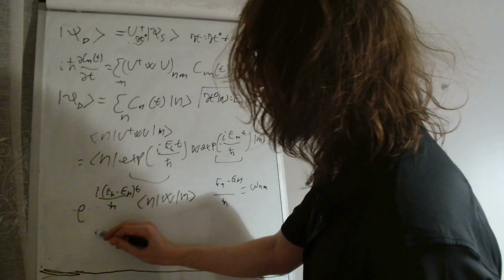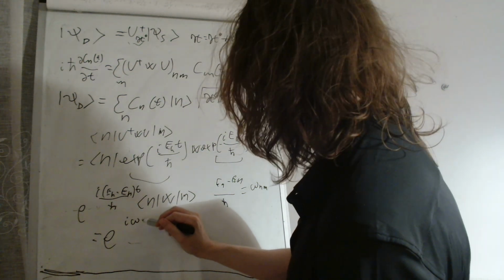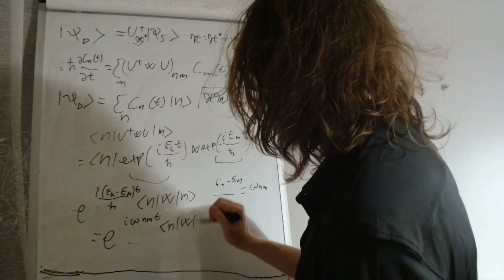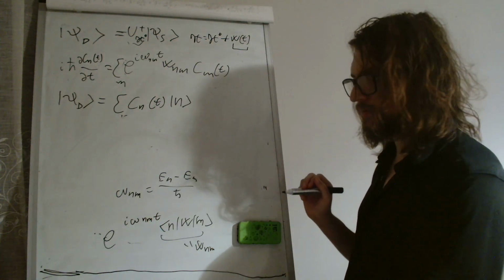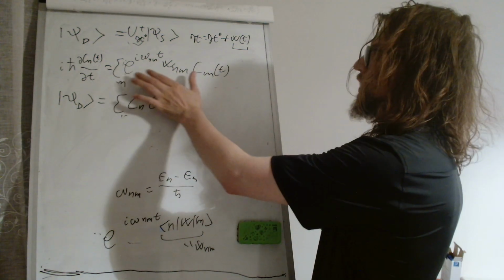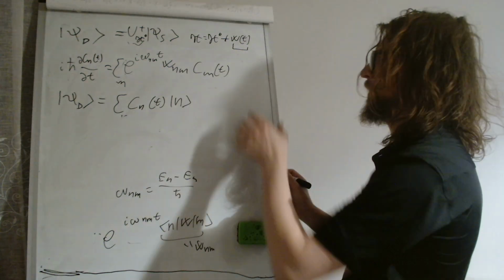So we can write this as e to the i omega nm t <n|W|m>. We write this in matrix index notation, and so we can write this differential equation in this form.